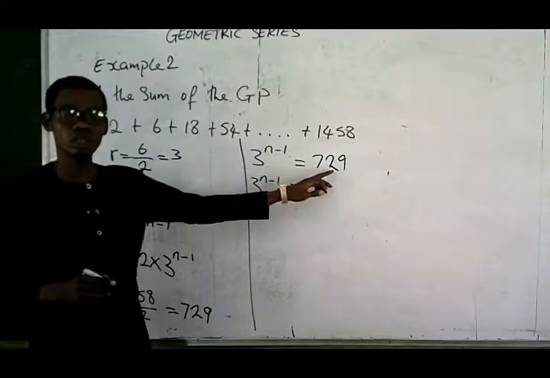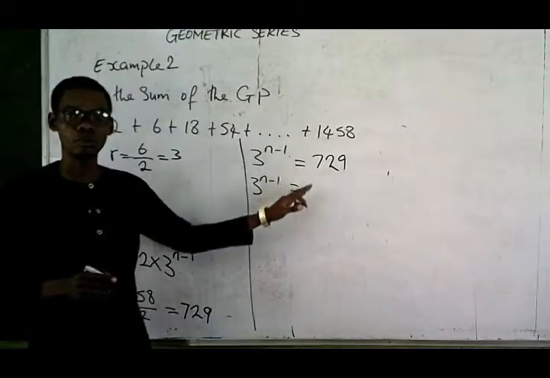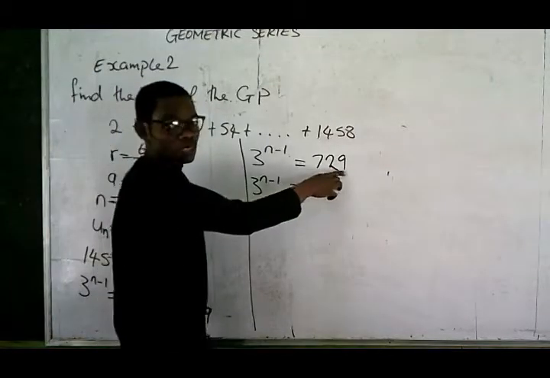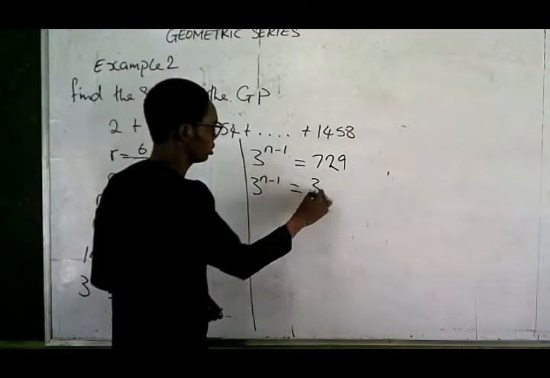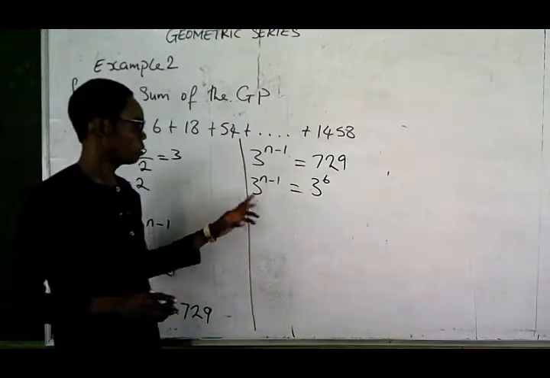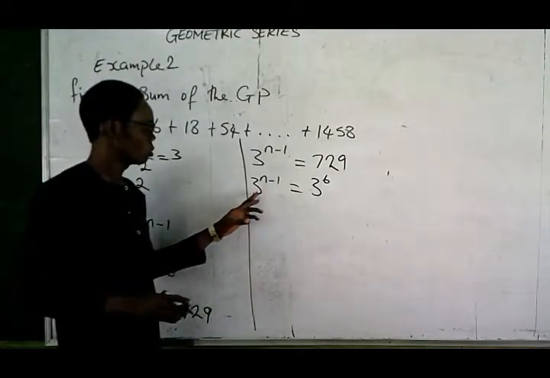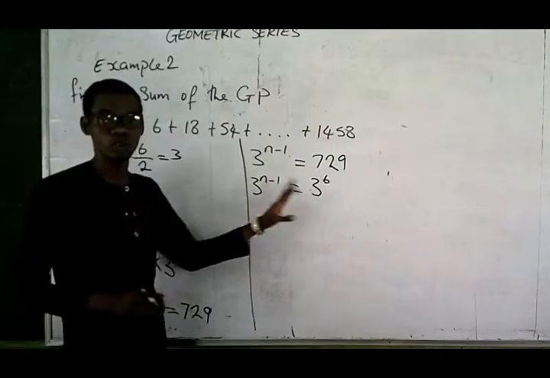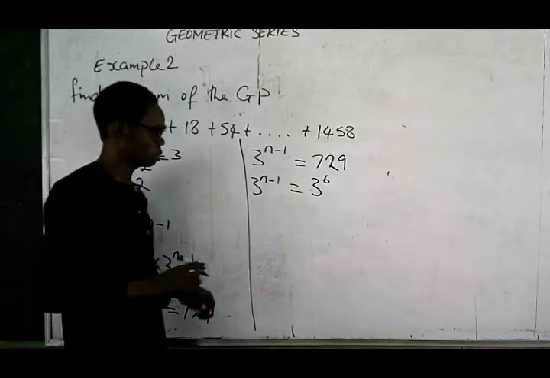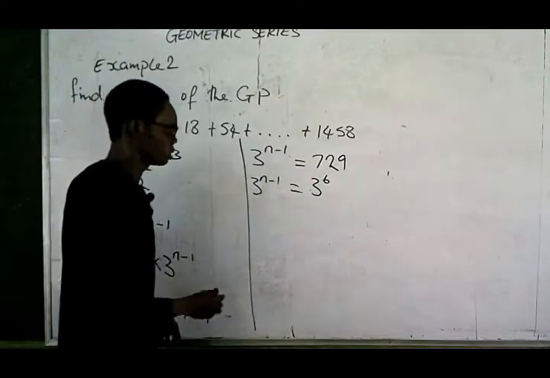So what we do now is to also write this 729 to the base of 3 so that they will have the same base. 729 is equal to 3 raised to power 6. Now we have an expression where both sides of the equation have the same base. So having known that, we will now equate the indices.